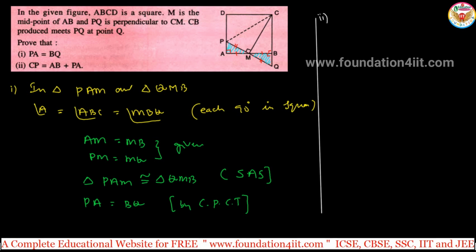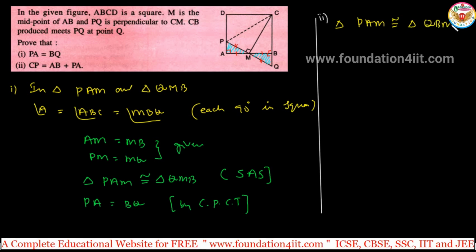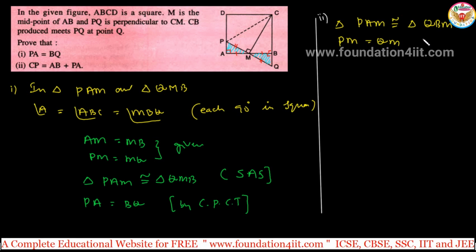Already we proved triangle PAM is congruent to triangle QBM, right? From the proof we can take this. From this already we got PM is equal to QM. PM is equal to QM. Already given, PQ is perpendicular to CM. M is the midpoint of AB. PM is equal to QM, that is by CPCT.